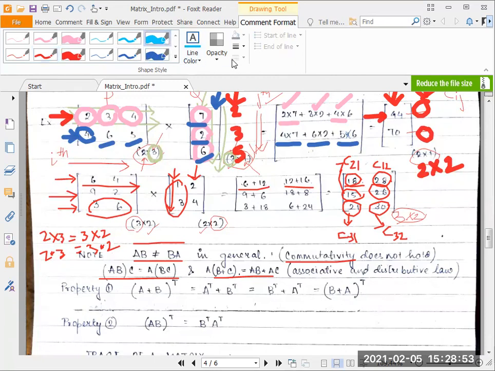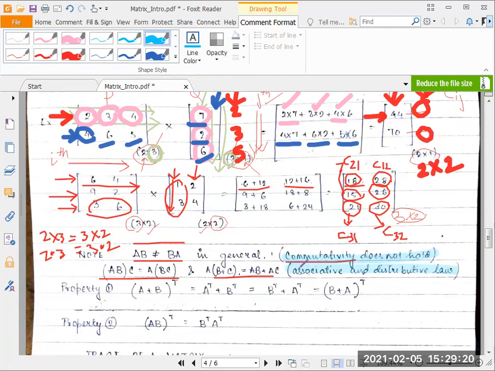So the commutativity property might not hold, but the associativity and distributive properties hold for matrix algebra. So AB might not be equal to BA, but (AB)C is the same as A(BC), and A times (B plus C) is also the same as AB plus AC.